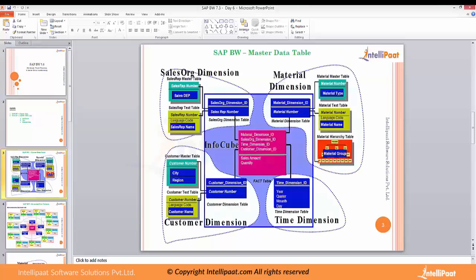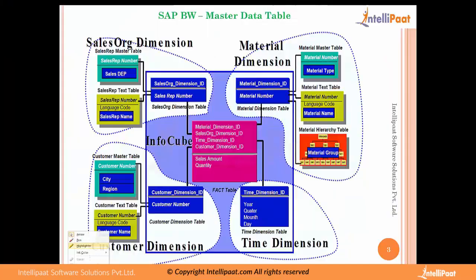The first thing we have here is a diagram which shows the extended star schema structure of my BW, where you could see this is one dimension table, and there is another dimension table over here, and another, and another.